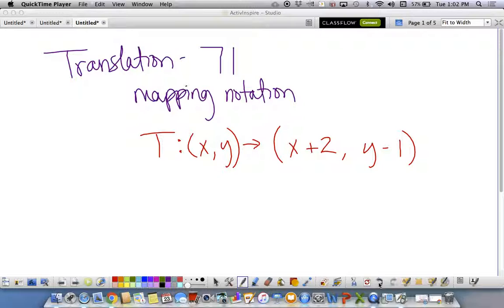All that means is we're going to move the x 2 units to the right, so we add 2 to the x. The y, we're going to move 1 unit down, so we subtract 1 from the y.